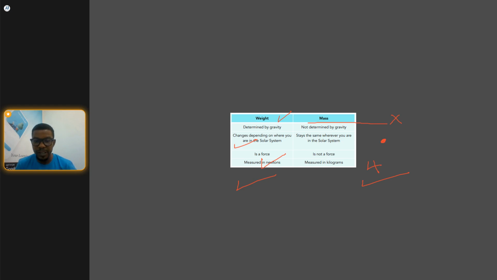Okay, so let's proceed to the next item on our topic. We want to discuss another subtopic still under gravitational field. Now we are going to consider weightlessness. Okay, so I have a picture that will make it easier for us to comprehend.